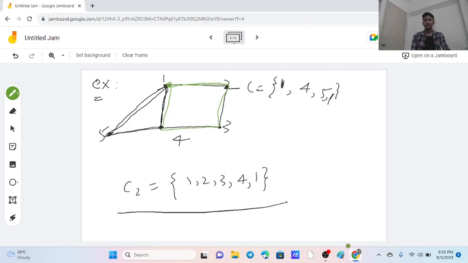Why? Because any two adjacent vertices are consecutive in the sequence, or you can say that any two consecutive vertices in the sequence contain an edge. So this is a cycle.